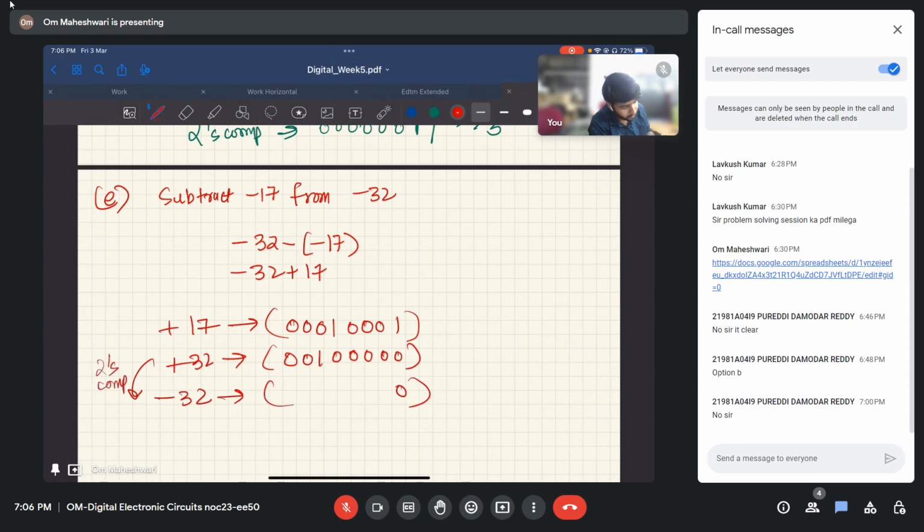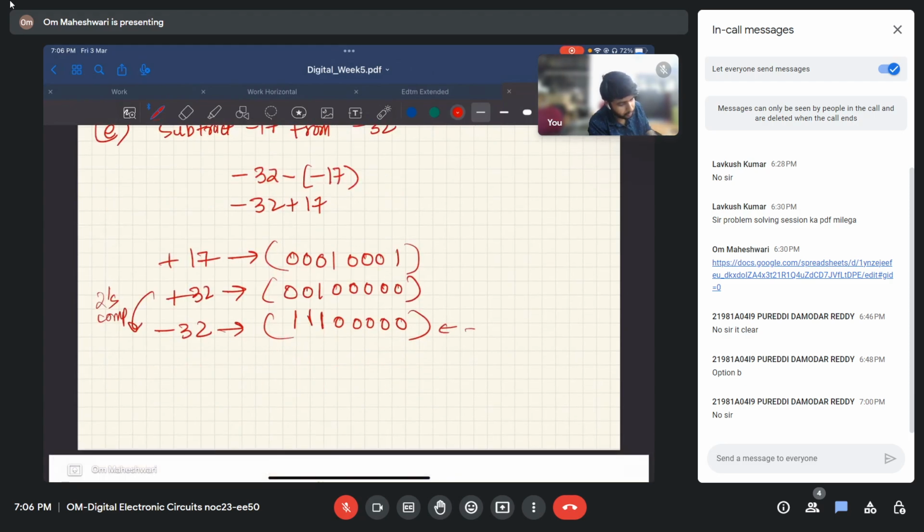For 2's complement we start from the right side and keep writing zeros until we encounter a 1, write it as it is, then invert all the digits. So this is minus 32: 1 1 1 0 0 0 0 0, plus 17, which is 0 0 0 1 0 0 0 1.